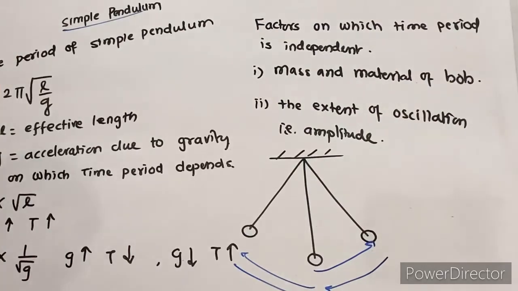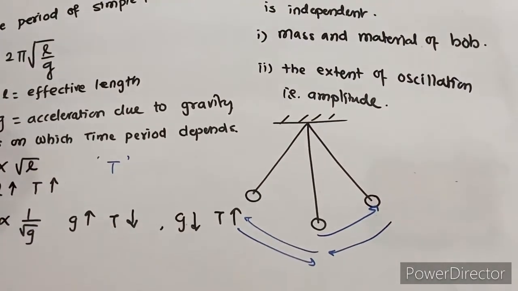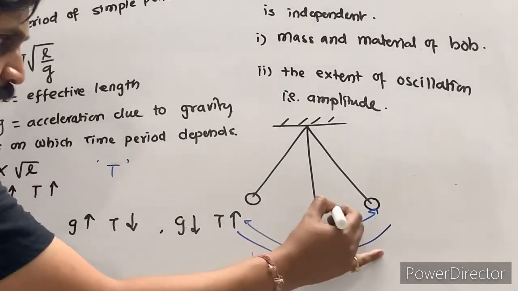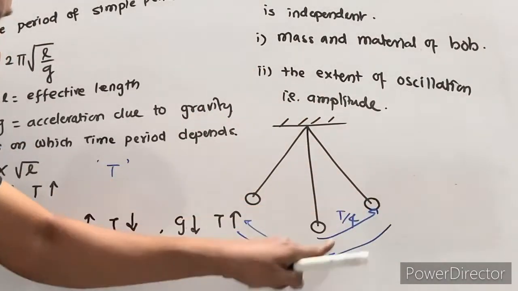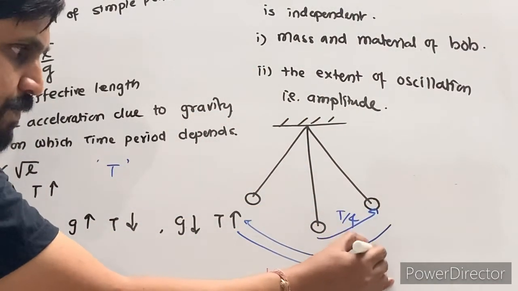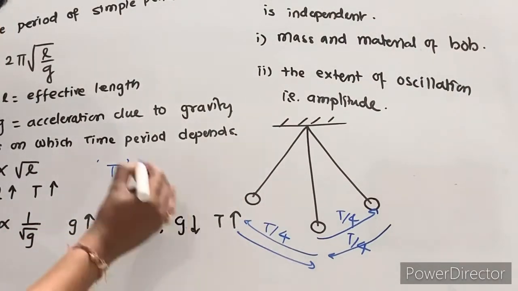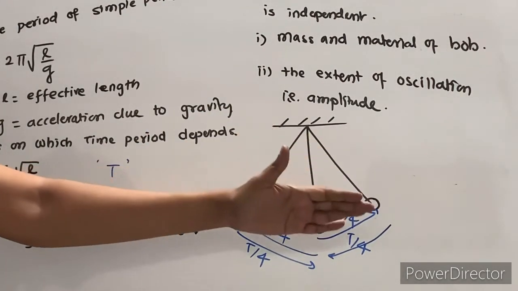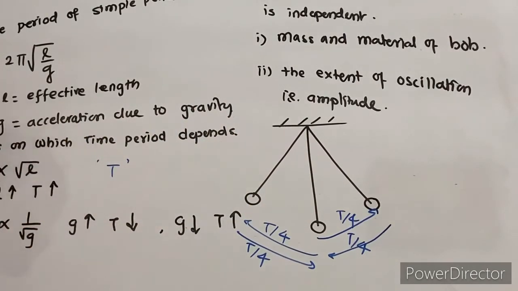Since T is the total time period, the time taken by the bob to move from mean to positive extreme is T by 4. From positive extreme to mean, again T by 4. From mean to negative extreme, again T by 4. And from negative extreme back to mean position, T by 4. So T by 4 plus T by 4 plus T by 4 plus T by 4 comes out to be T.